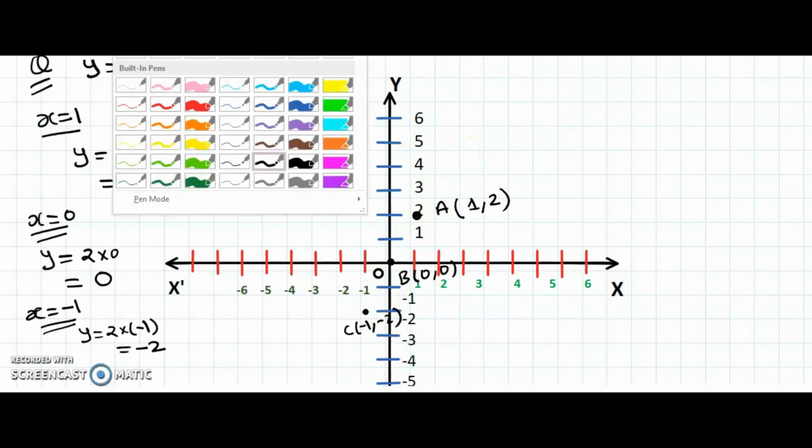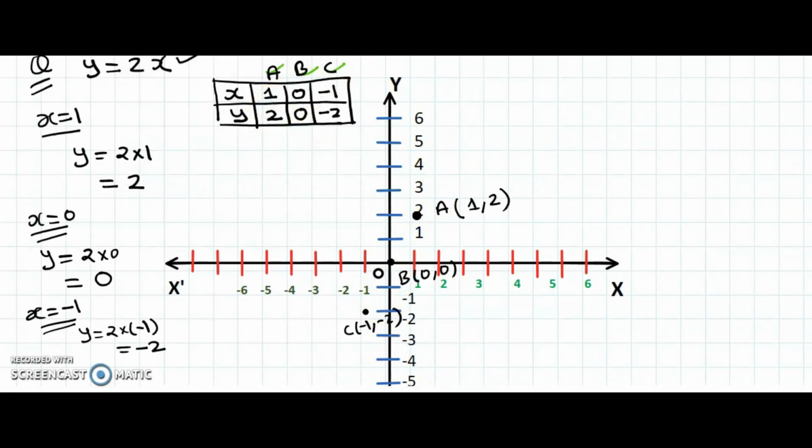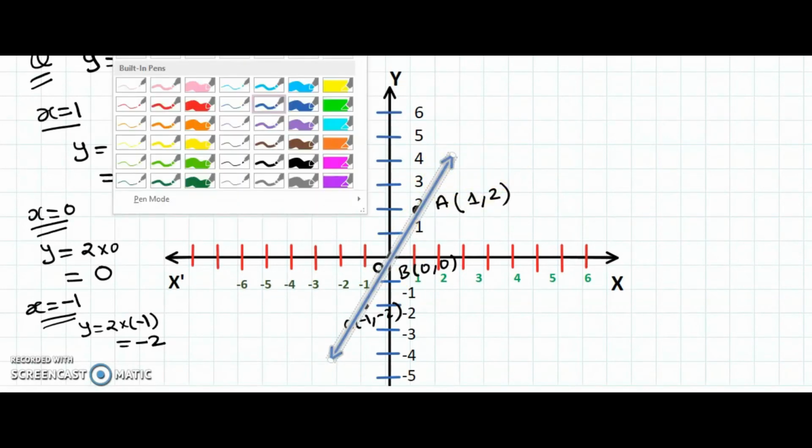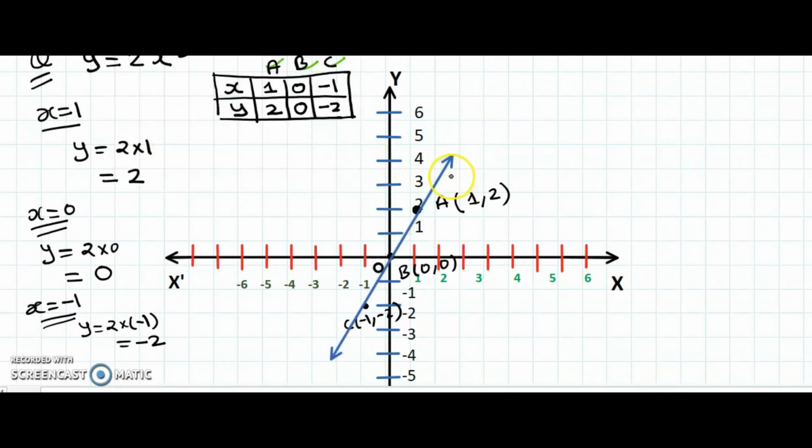The last but not the least is that you have to draw one straight line which is going to intersect all these 3 points. It is going to look like this. I am going to just make it proper. Just wait a second. Now you can see it is intersecting all these 3 points, and we have got the linear equation graph.